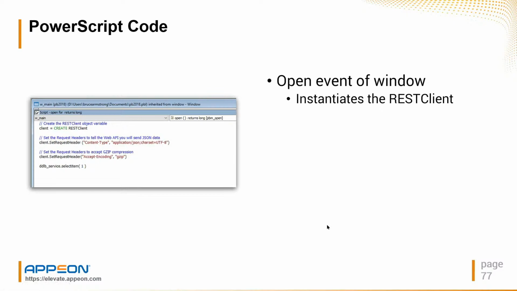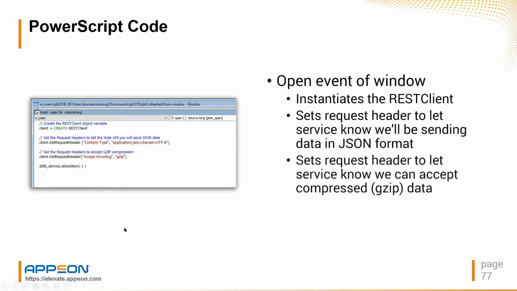That will help increase the transfer speed, but there's a little overhead in the compression on the server side and the decompression on the client side. But PowerBuilder does that decompression automatically as well. So I set the current item in the drop-down list box to the first item, which is the .NET Data Store.